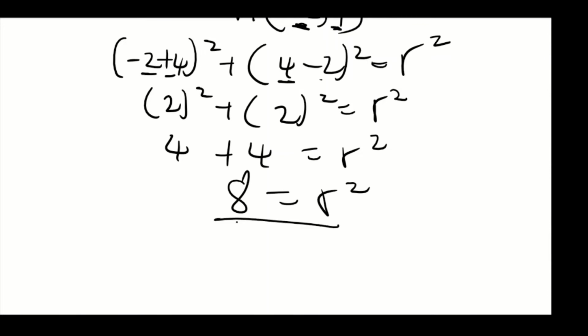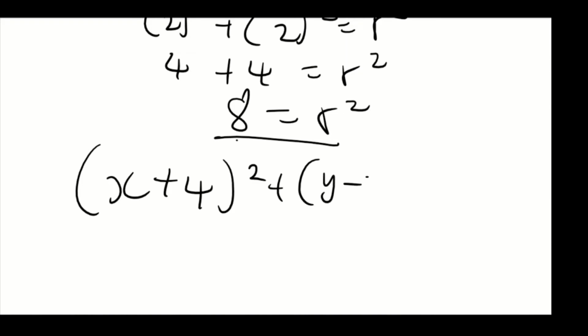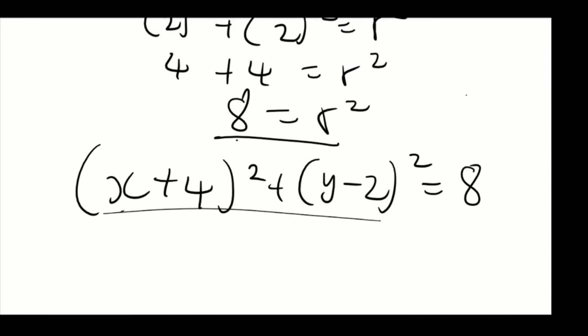So to write our equation properly, we're going to say x plus 4 squared plus y minus 2 squared is equal to 8. Why 8? Because this whole portion is equal to r squared, so our r squared is equal to 8. So this would be our equation of the circle with center B.